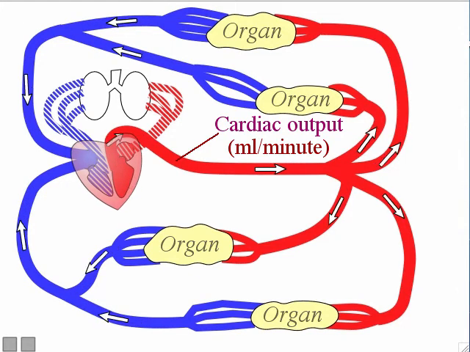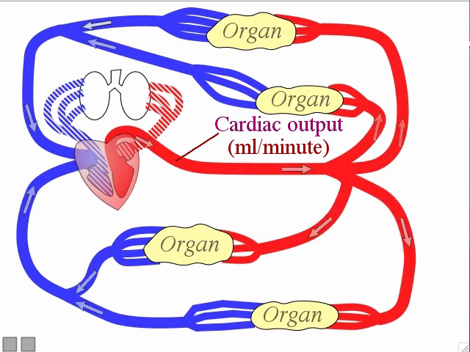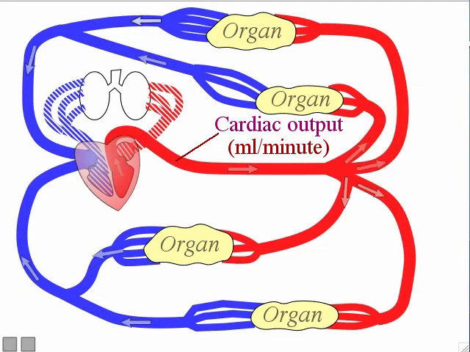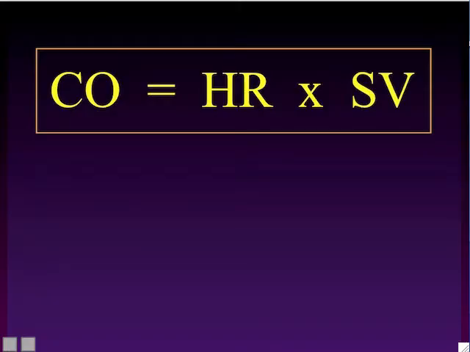Now, there is an equation for calculating the cardiac output from the person's heart rate and their stroke volume. And here it is. The person's cardiac output is equal to their heart rate multiplied by their stroke volume. And if you think about it, the units make sense.